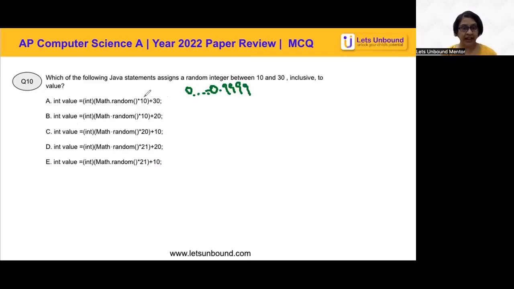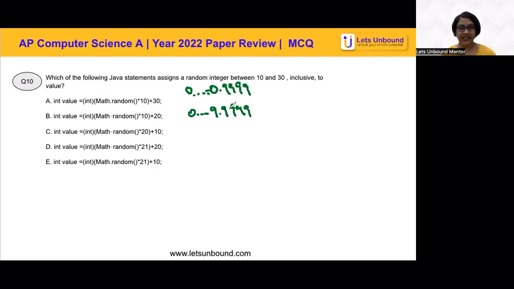So Math.random multiplied by 10, which means we will multiply the numbers on both the ends by 10. So it becomes 0 to 9.9999.